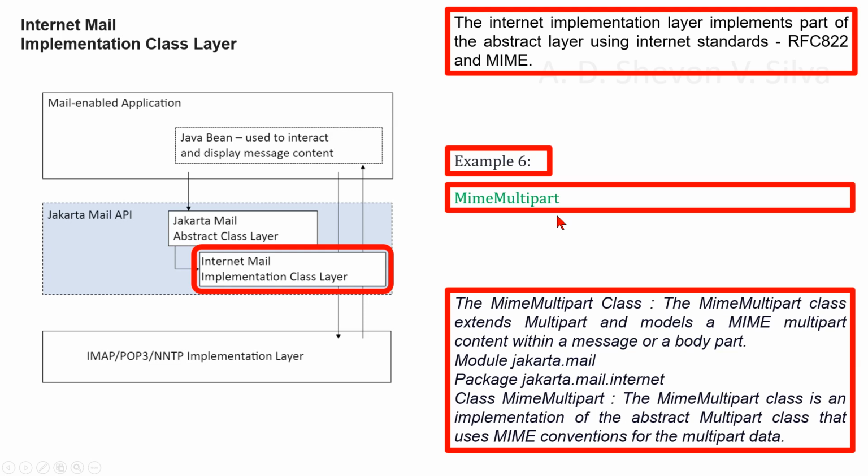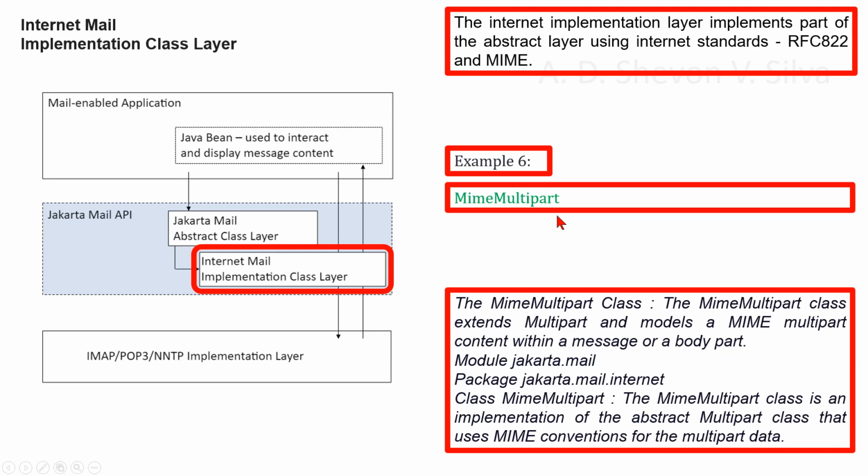A MimeMultipart is obtained from a MimePart containing a content type attribute set to multipart by invoking that part's getContent method. The client creates a new MimeMultipart object by invoking its default constructor.